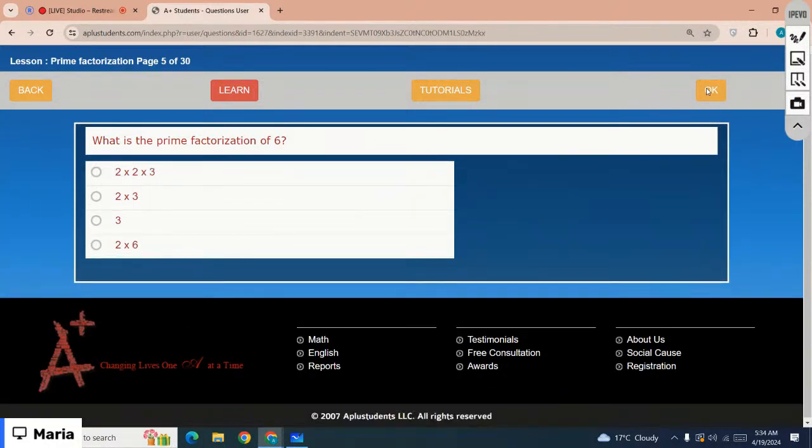What is the prime factorization? Yes, that is 2 times 3.